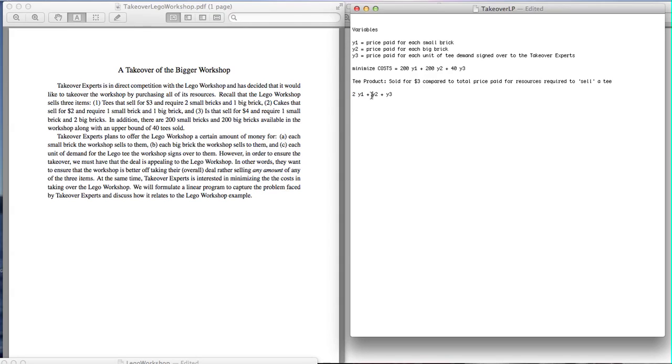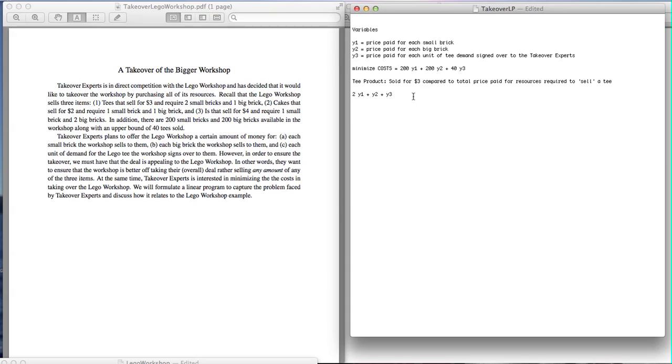Then I can add this to the money I receive from the Takeover, which is y2, for the big brick that's used for the T product. And then also I can look at the price I receive from the Takeover experts for the T demand.